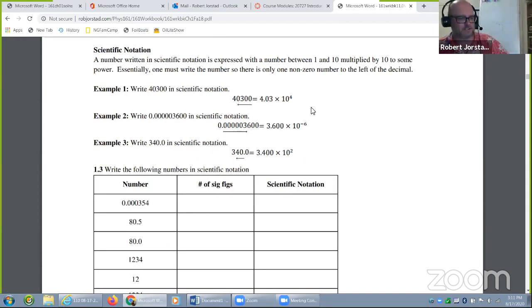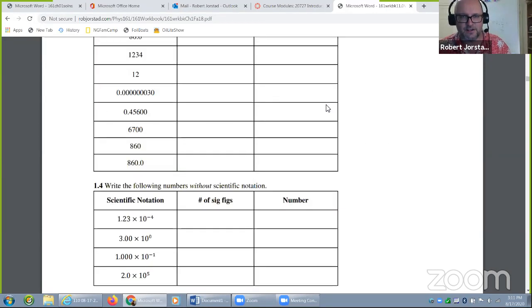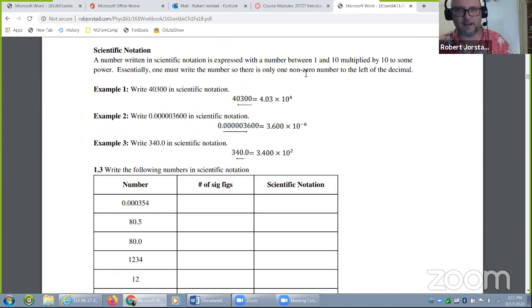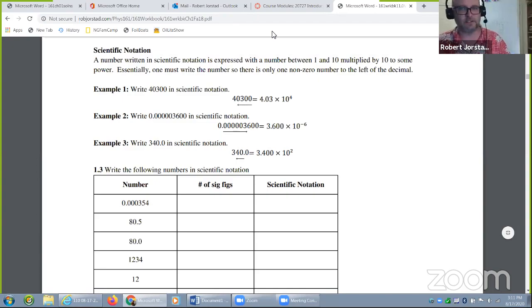We have scientific notation. That's discussed on the top of page 2. And then on the top of page 3 is going to be engineering notation. They're very similar, but there's just a couple of subtle differences. All right, so let's go and talk about scientific. And again, if you've already seen this, that's cool. You can just keep working and don't listen to me.